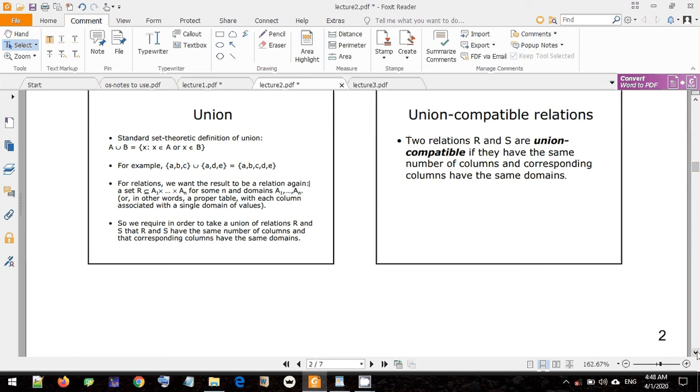For relations, we want the result to be a relation as we earlier defined above. So a set R, which is a subset of the Cartesian product of A1 to An for some n, where the domains are A1 to An.